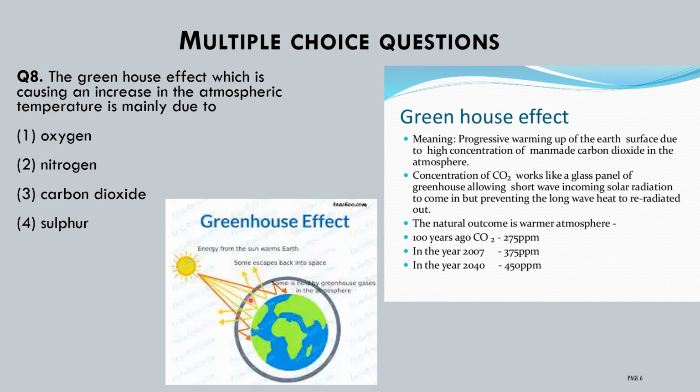It prevents it here only, and traps the radiation. Because of this process, the temperature of the earth increases. Therefore, the correct answer is that the greenhouse effect, which is causing an increase in the atmospheric temperature, is mainly due to carbon dioxide gas.